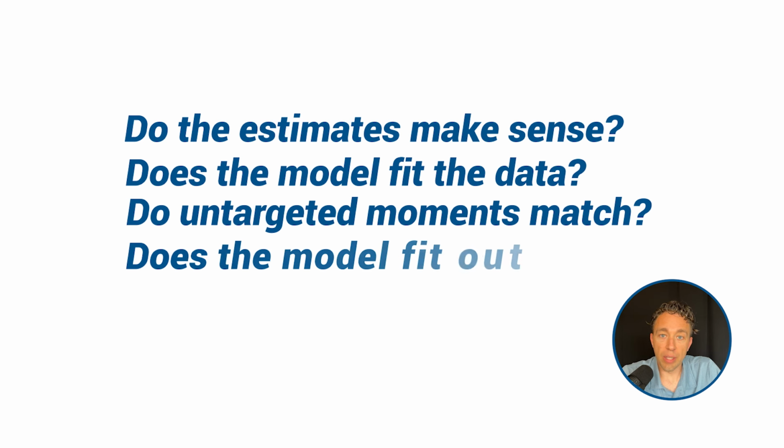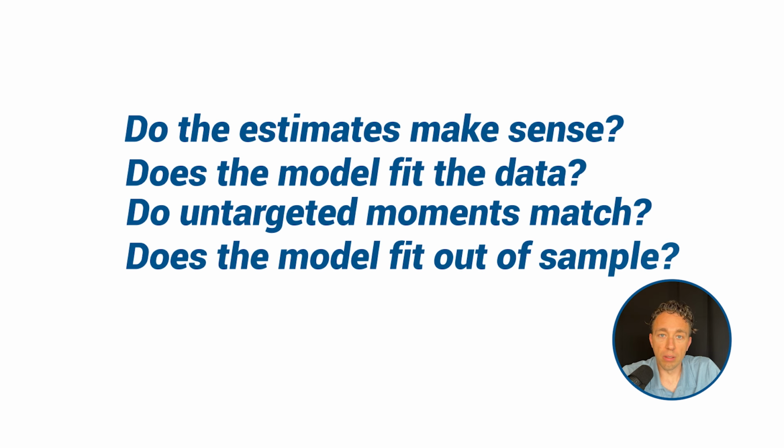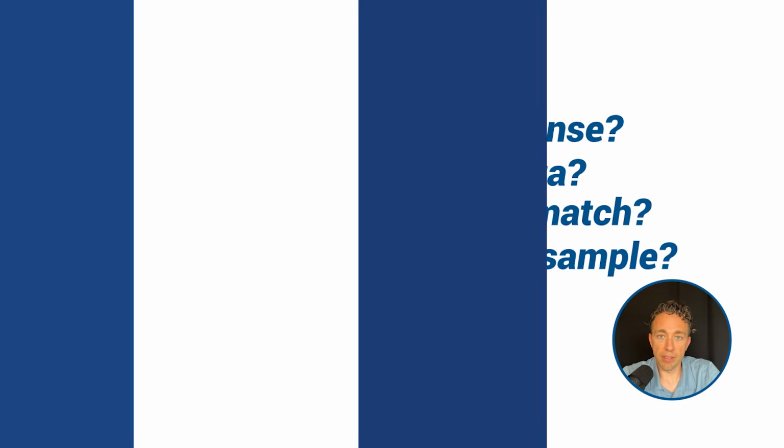Finally, we can do out-of-sample predictions where we can use the model in an entirely new context to generate data and see if it matches the data from that actual context. That would be the highest bar for validity of a structural model. Typically, untargeted moments being a good fit is a high enough bar for credibility of a structural model.